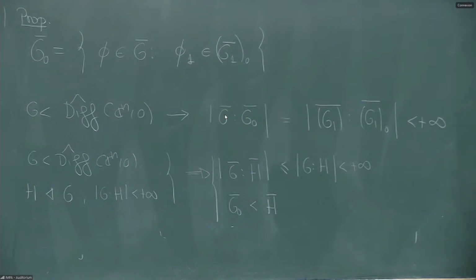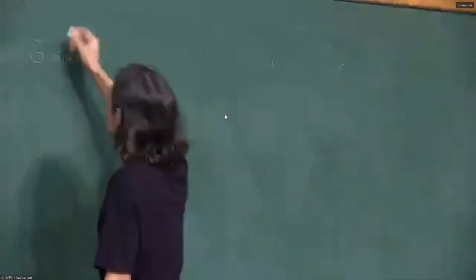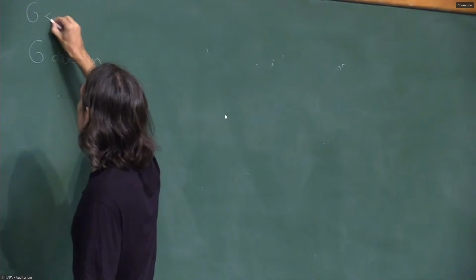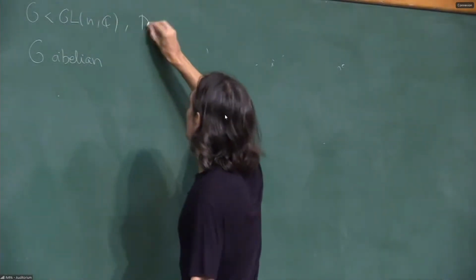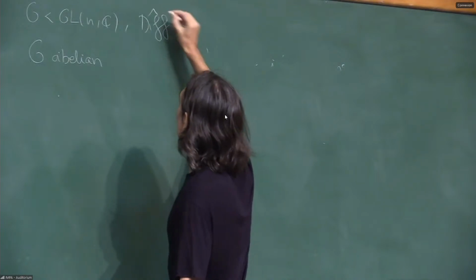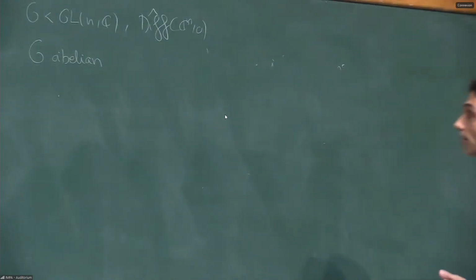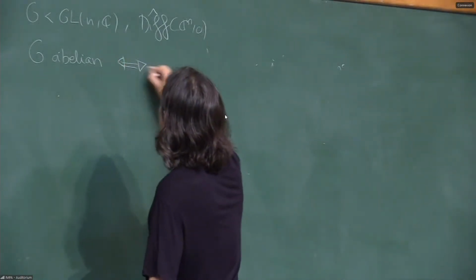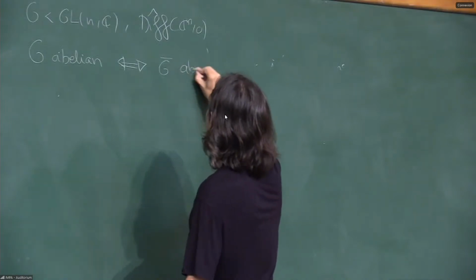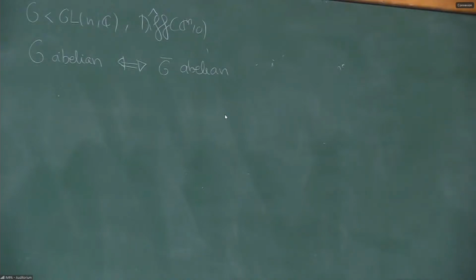For instance, if you have that G is abelian, it doesn't matter where you're working. You can be working in the finite dimensional setting or in the infinite dimensional setting of formal diffeomorphisms. But what you have is that G is abelian if and only if its Zariski closure is abelian.